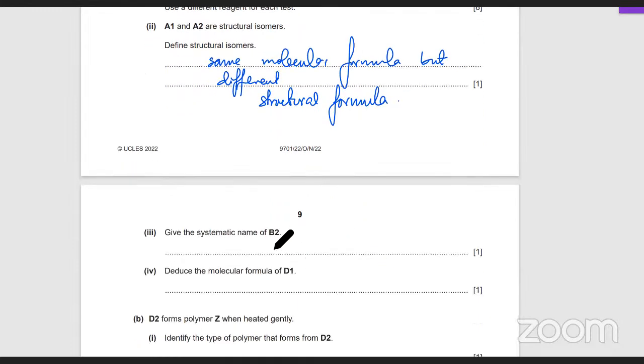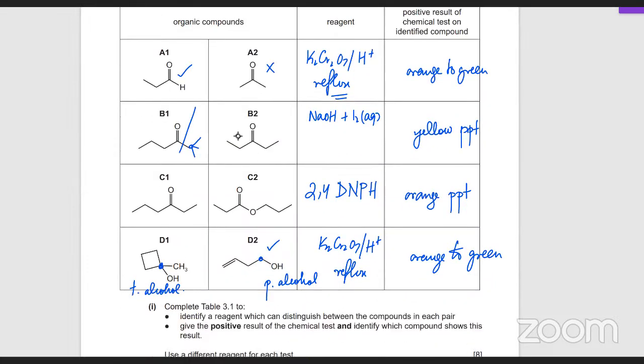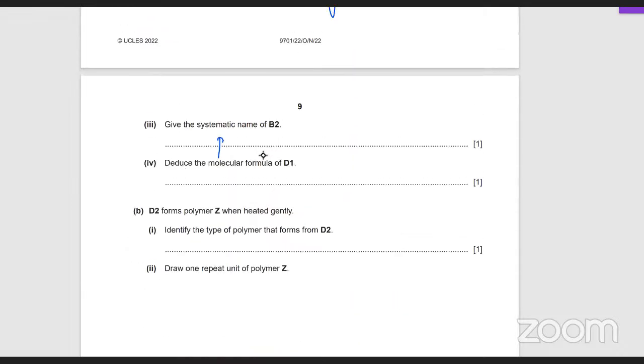B2 का नाम देना है. B2, what is B2? That's 5 carbon atoms. 1, 2, 3, 4, 5. So it's a ketone, pentanone, it's a ketone. 3 के ऊपर it's a ketone on the third one. So pentan-3-one. On the third one, it's a ketone.